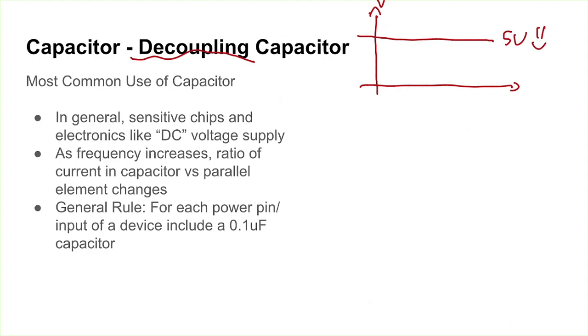But that's not always the case. What our voltage will often look like is this 5 volts with some fuzz or noise on it. And this is what we like to refer to as high frequency noise. So it's on top of our signal. So as this high frequency increases, we want less and less of that current to enter our chip.